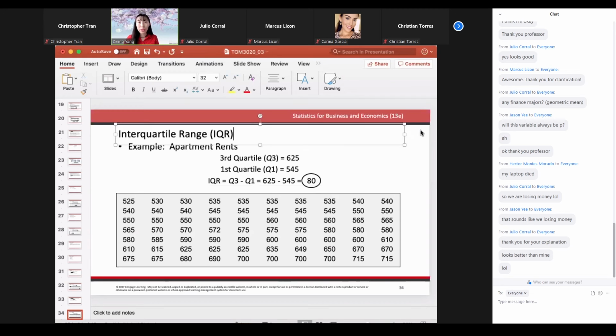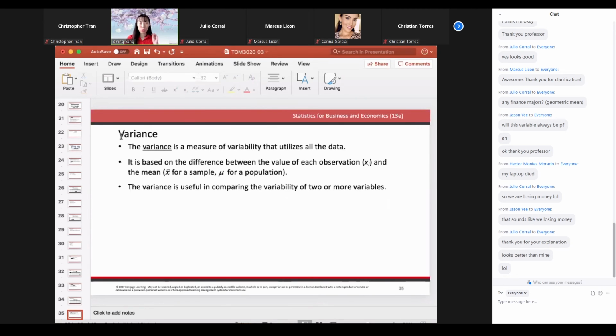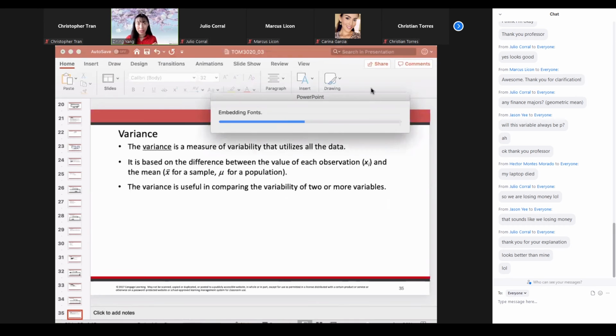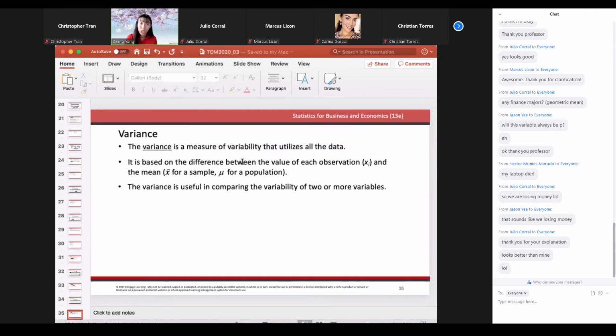So if we want to do that, we will need to use the metrics variance and standard deviation. The variance is a measure of variability that utilizes all the data, not missing a single data point we have. It is based on the difference between the value of each observation and the mean, because we can calculate the mean for the sample and we can calculate the mean for the population.